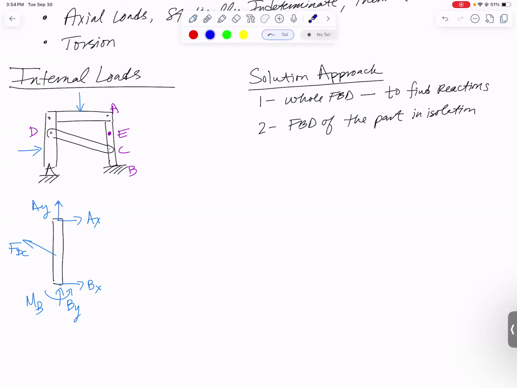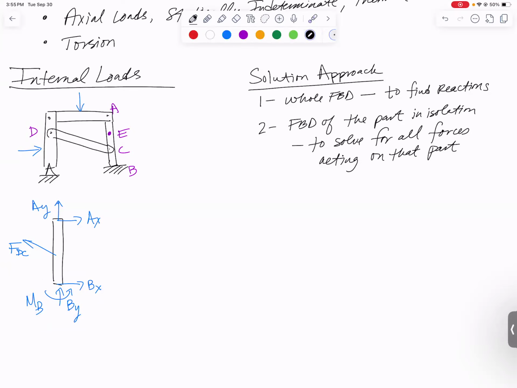If you already did your whole free body diagram and found these, now on this diagram, you can find the other 3 by summing forces in the X and Y direction and summing moments about a point. So the free body diagram of the part in isolation is used to solve all of the forces that are acting on that part alone. So that includes the outside forces as well as forces from things that it was pinned to.